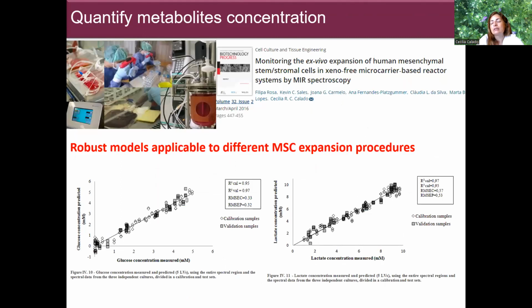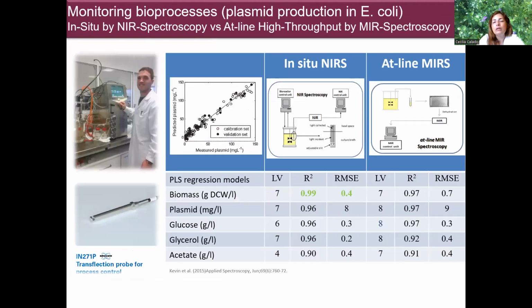This was conducted on microorganisms, but we are able also to apply this to human cell culture, in this case on stem cells, mesenchymal stem cells. And we are able to develop very nice models predicting all these molecules with very high precision and accuracy. This is amazing.